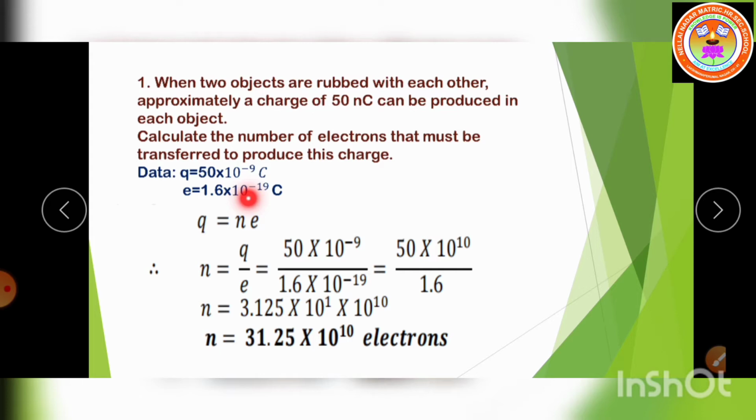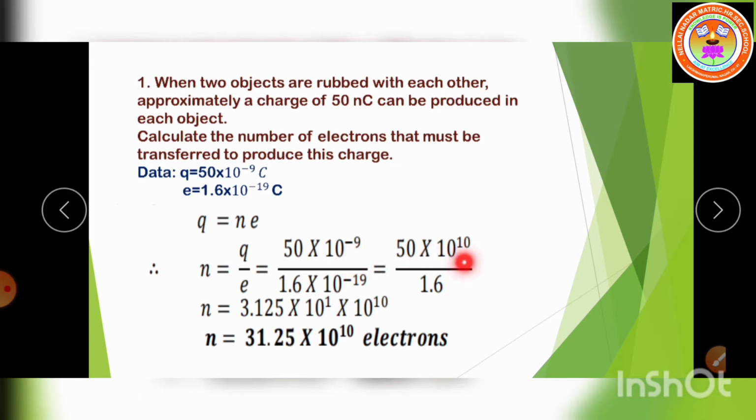Now substitute the values of Q and e in the equation. So 50 into 10 power minus 9 divided by 1.6 into 10 power minus 19. If you bring the 10 power minus 19 to the numerator, that is plus 19. So plus 19 minus 9 is 10 power 10.